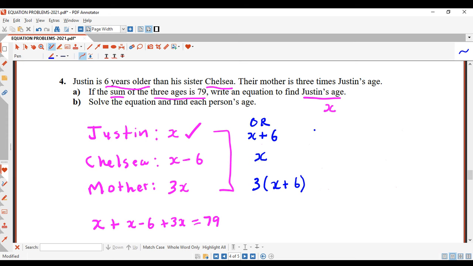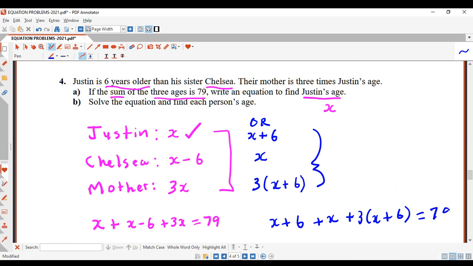Now, when you go to write your equation, you're going to add those three terms together. This will be your equation. It'll be x plus 6 plus x plus 3 lots of x plus 6, and that's the sum of their ages, is equal to 79.